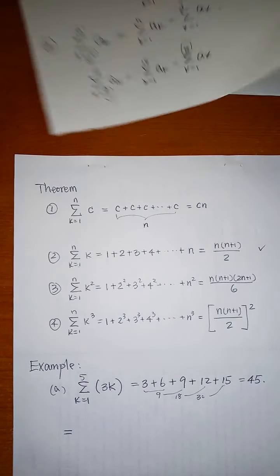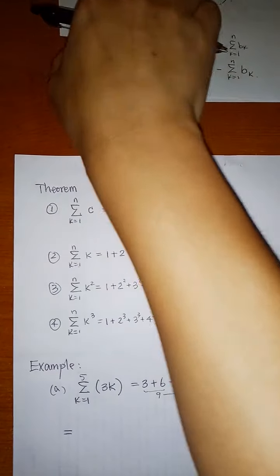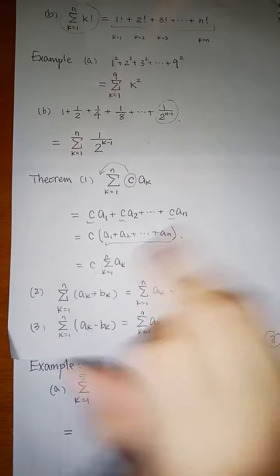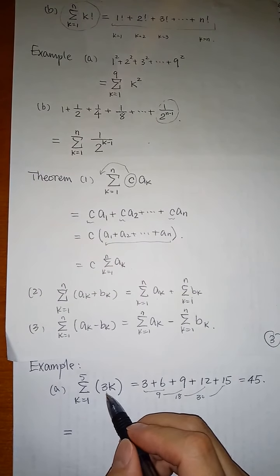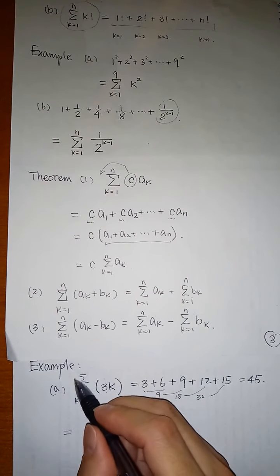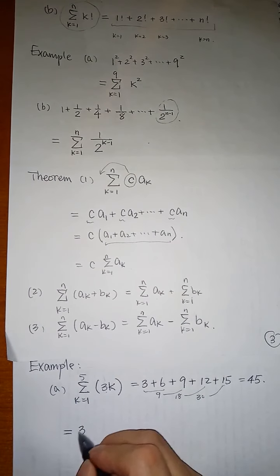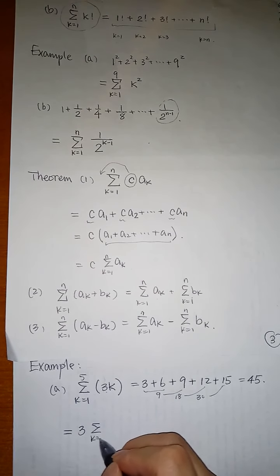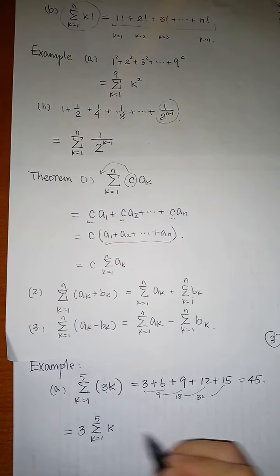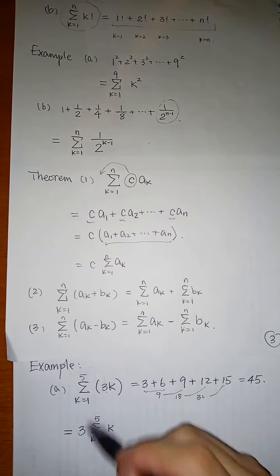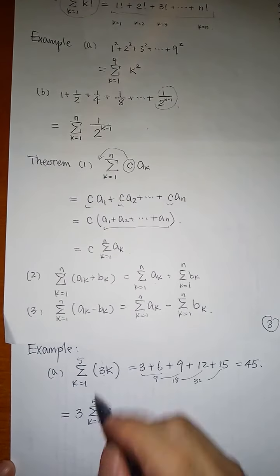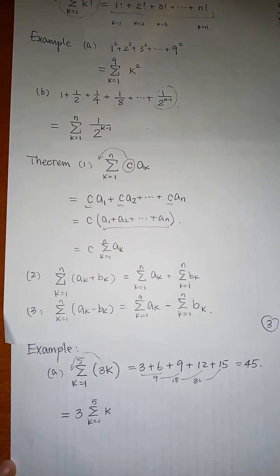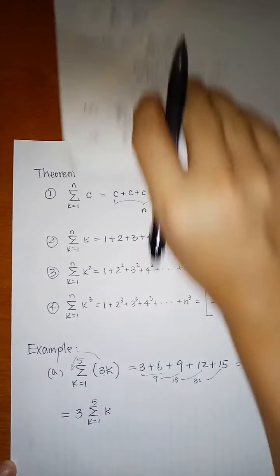Let's apply the properties. The first property we apply is the constant. Whenever you have a constant coefficient, you can move it forward. You can move this 3 forward. You have 3 times sigma k from 1 to 5, k.